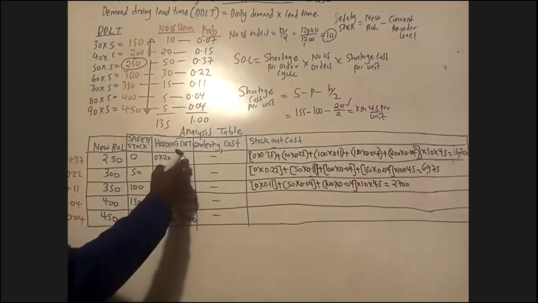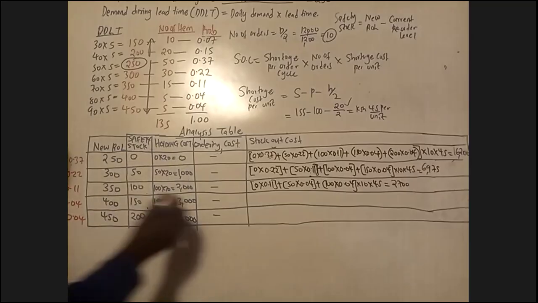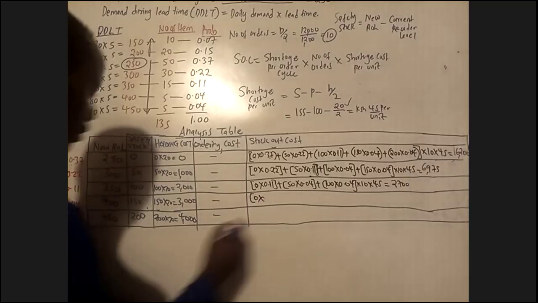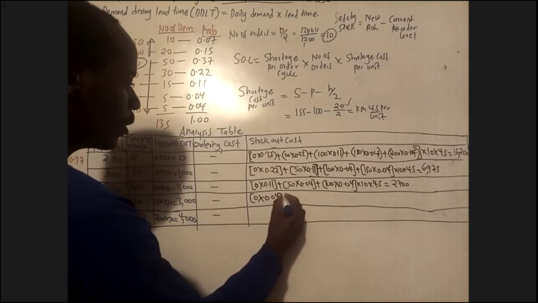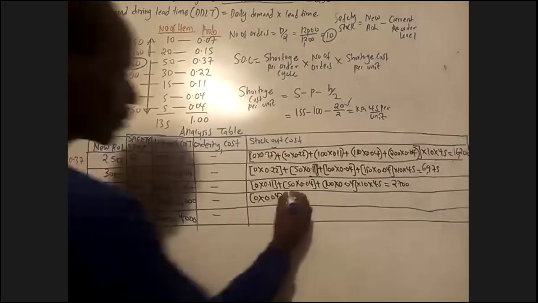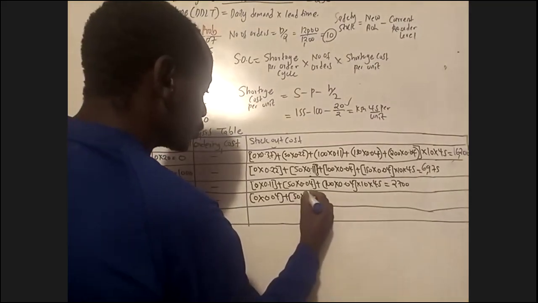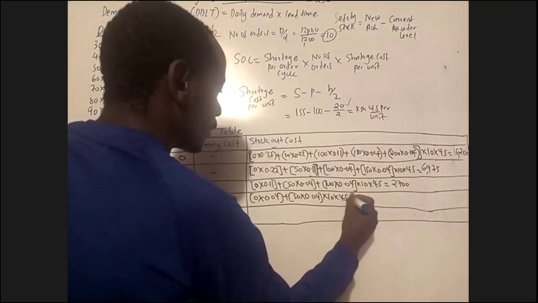Then ya mwisho, so tunaanza 0 times 0.04. Tuko hapa 0.04. Ya pili ni 50 times ya chenye chini yake, 50 times 0.04. Kumekuwa na 10 na 45.